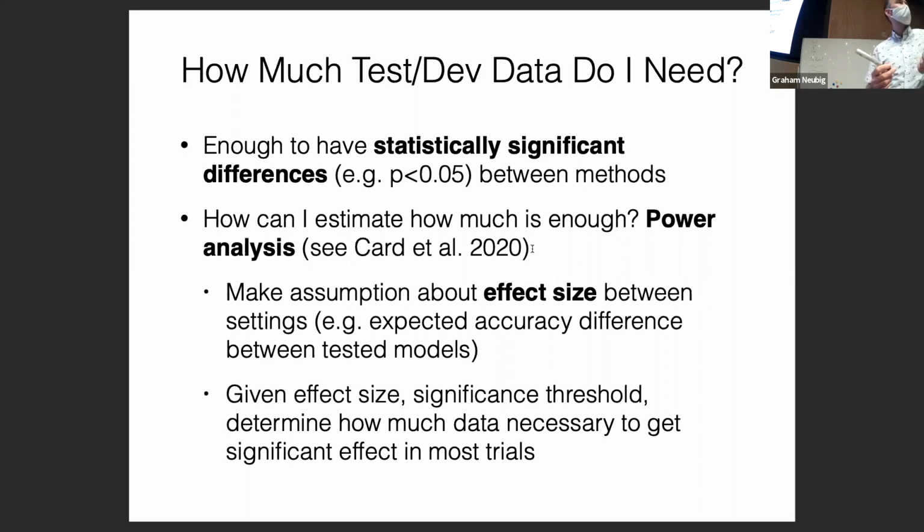Just to give a brief sketch, I won't go into the details because they depend on which statistical test you're using. But for example, if we were using the bootstrap test like we did before, you could make certain assumptions about how difficult a particular example is, and how well a particular model will do on examples of different difficulty, and then run a simulation to determine how large a dataset you need to find the difference.